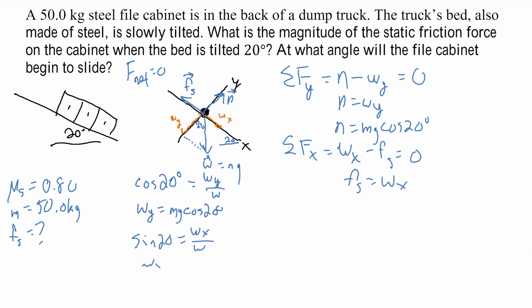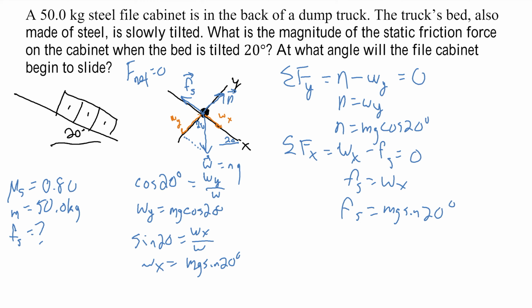So W sub x equals W sine 20, but W is mg sine 20 degrees. We know m and we know g, so we have F sub s equals mg sine 20 degrees. We should have done that all along.